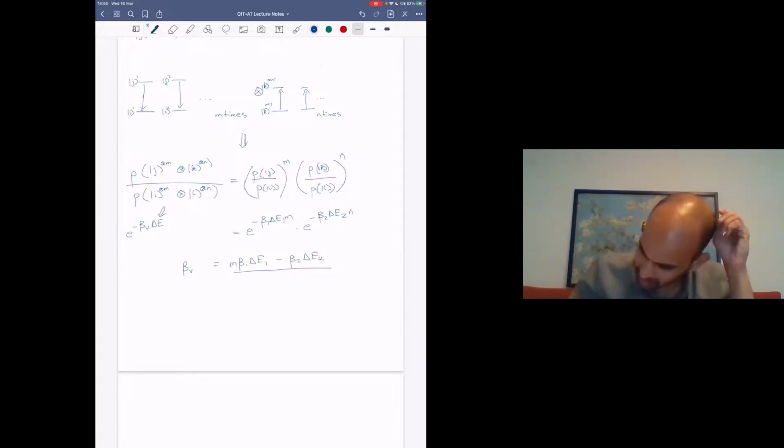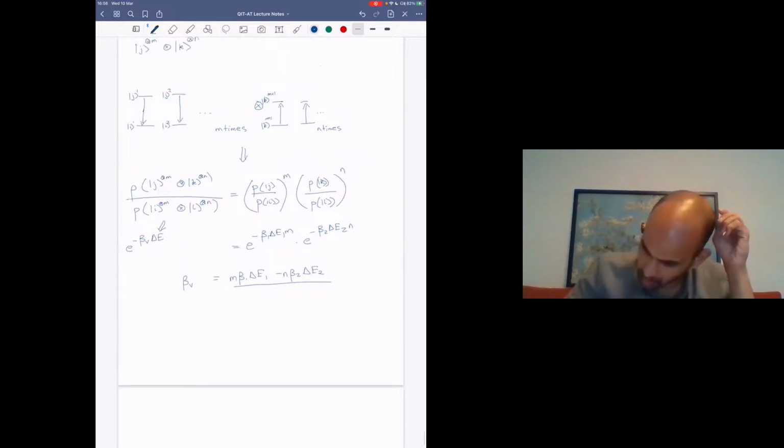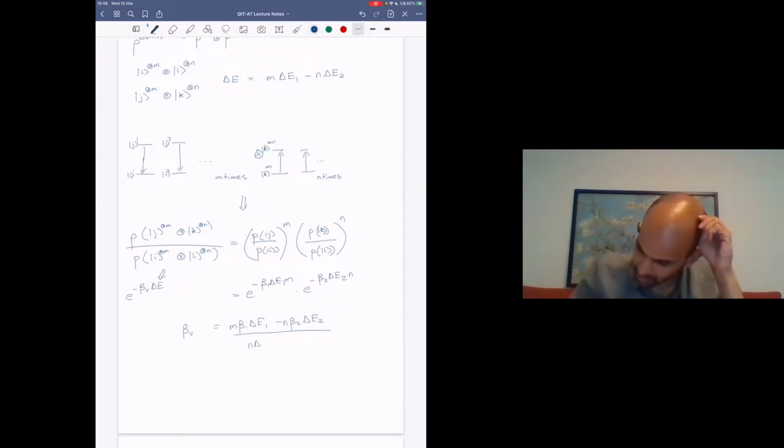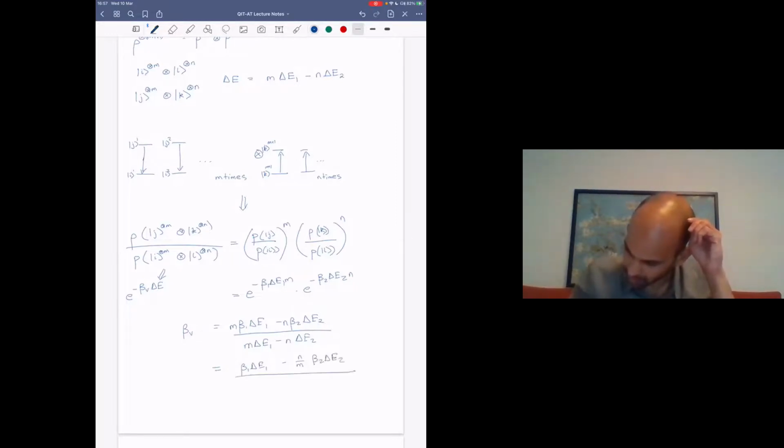So M times beta 1 delta E1 minus N times beta 2 delta E2, upon the total delta E, which I've written up there, is just M delta E1 minus N delta E2. Another way of writing this would be beta 1 delta E1 minus N over M beta 2 delta E2, upon delta E1 minus N over M delta E2.